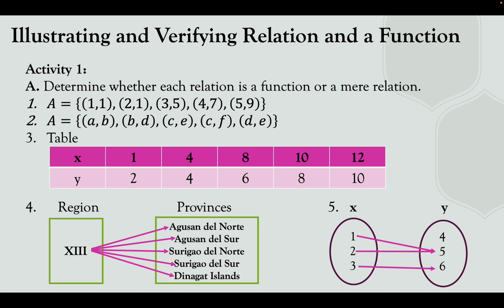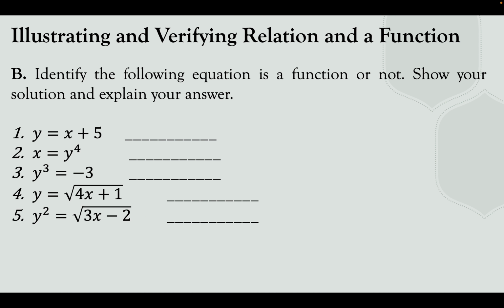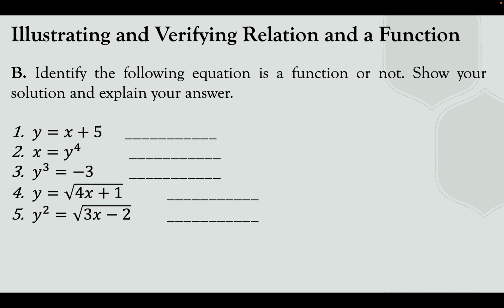Just follow the examples we have discussed in the previous slides on how to determine a function or a relation. Next, identify whether the following equations are a function or not. You need to show your solution and explain your answer, following the instructions based on the previous slides.